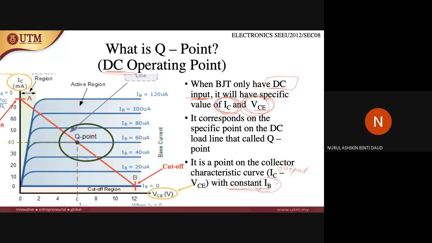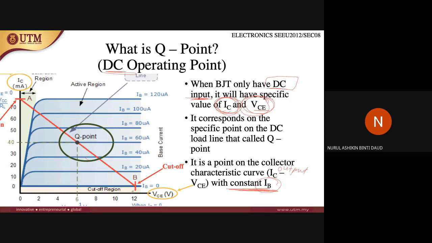With the value of IB now constant. All right, so this is the meaning of Q point.